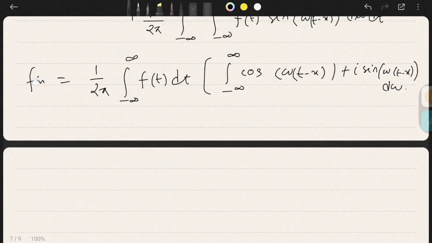You can see the right-hand side remains the same.